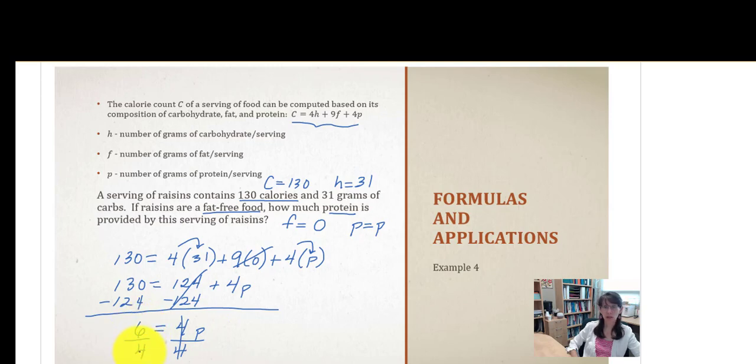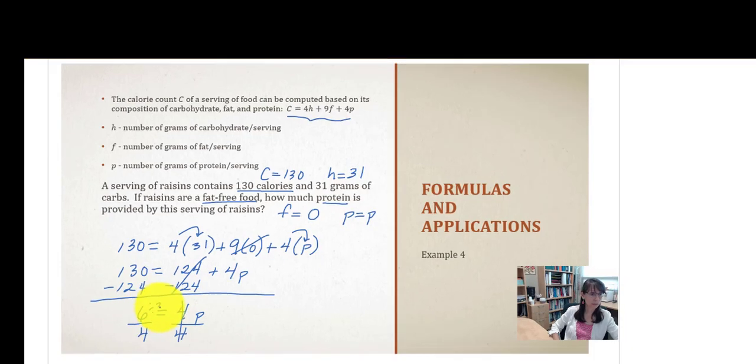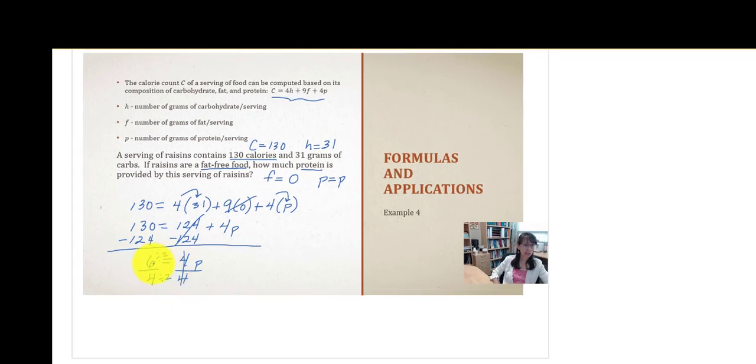Both of these numbers are divisible by 2. So 6 divided by 2, slow down, be careful on that one, is 3. And 4 divided by 2 is 2. Now, if you leave the answer as 3/2, remember it is in grams, so you might find it more useful to take 3 divided by 2 to get P, or protein, equals 1.5 grams of protein.